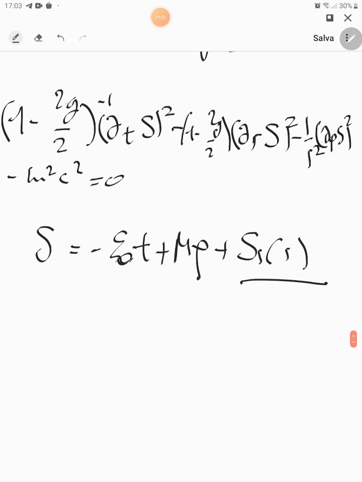Perfect. We have three variables, t, phi, and r. There isn't theta.